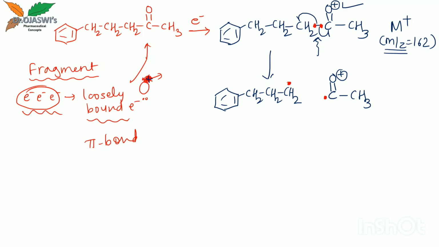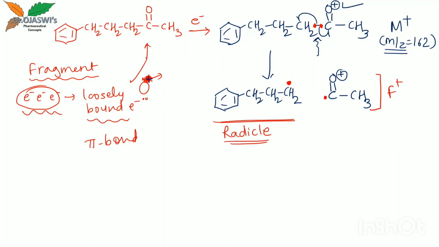Now you can see this particular part of the structure has a charge. So this is my fragment ion. This other part of the structure has only this electron, so I call this part a radical. Such radicals and neutral molecules which are formed during fragmentation are not detected by the mass detector.